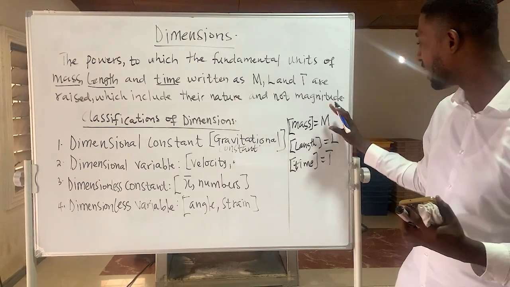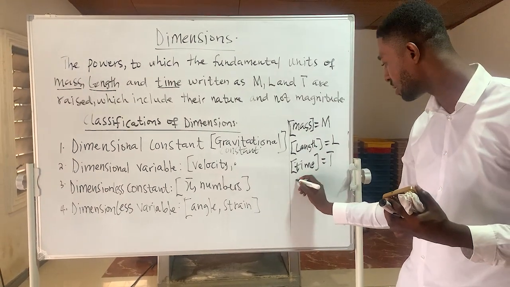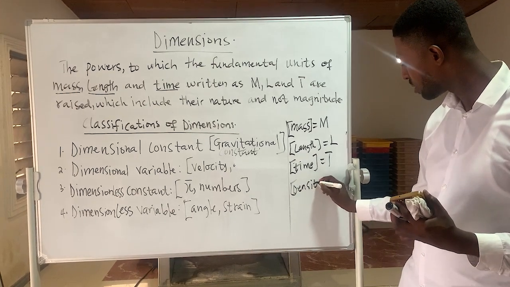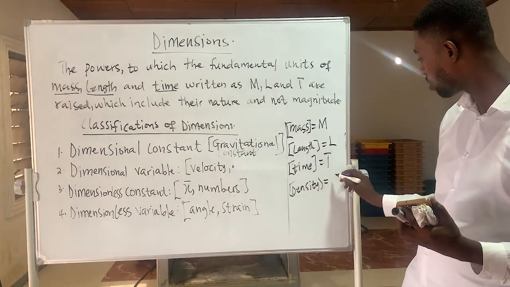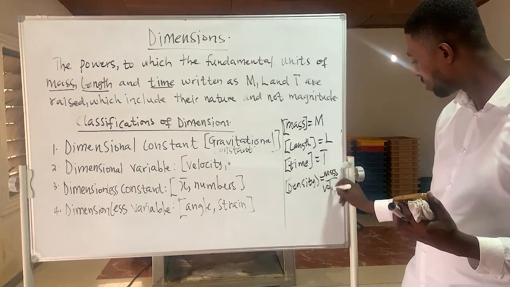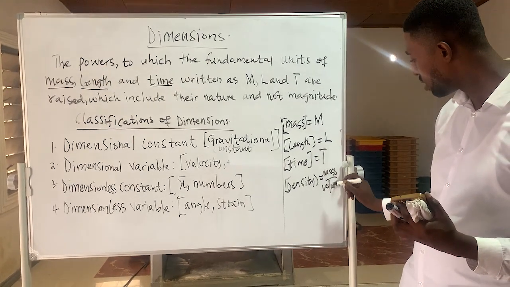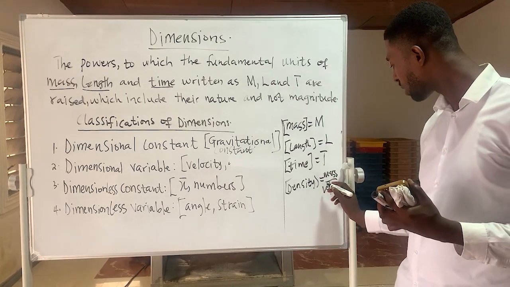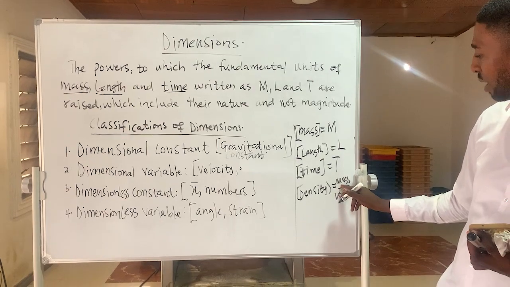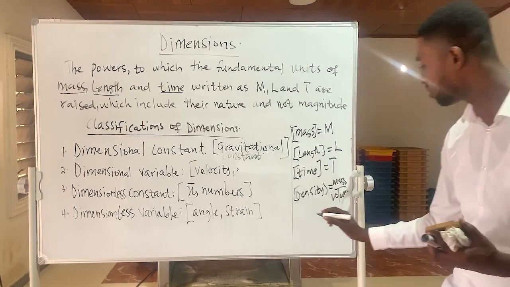If I want to write the dimension for, let's say, density, density is equal to mass over volume. Now, when I want to find the dimension of density, I need to first find the dimension of mass and also the dimension for volume.